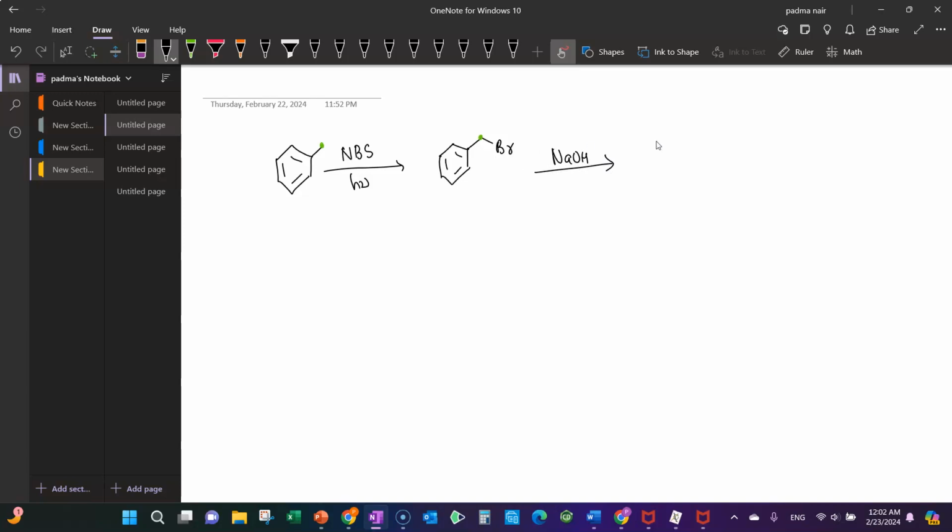It's a primary alkyl halide, so you can substitute the Br with the OH, like an SN2 type of reaction. So having an alkyl halide at the benzylic position can be extremely useful. Keep this reaction in mind when we are doing synthesis. This may be a very handy reaction.